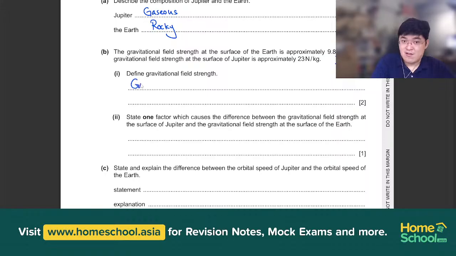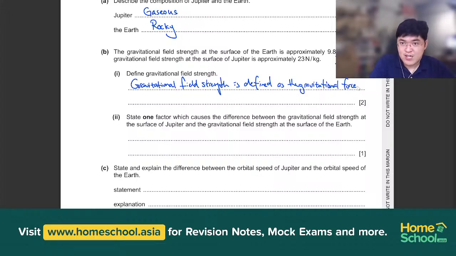So define gravitational field strength. Gravitational field strength is defined as the gravitational force, or should I say weight, per unit mass of an object.